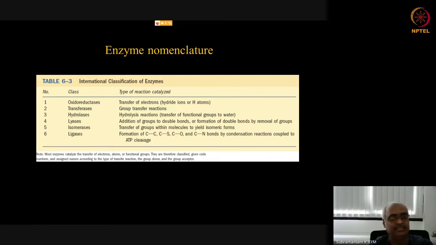For example, breakdown of starch into glucose is a lysis, but it is a hydrolysis, okay, water involving. They are large in number, deserving their own major subgroup, and that is why you have a separate group, hydrolases, from lyases.